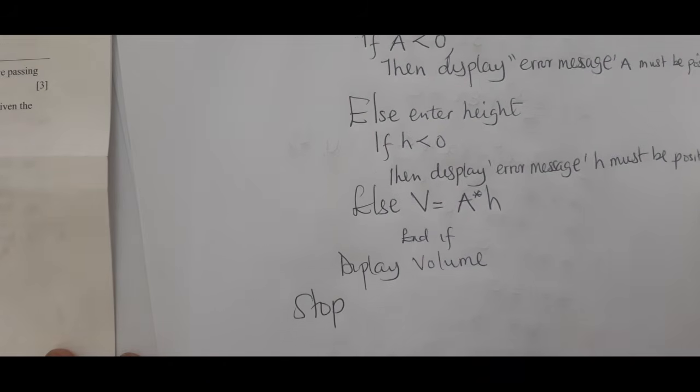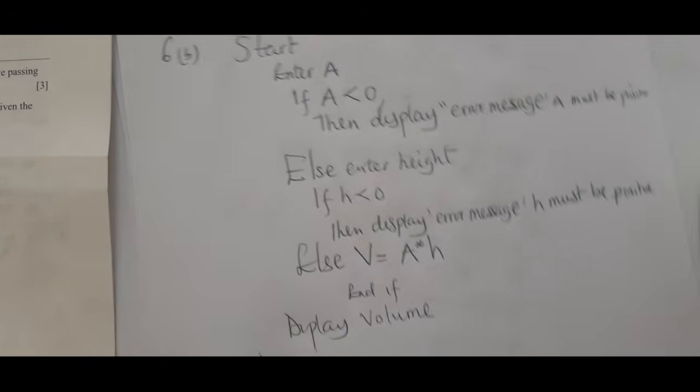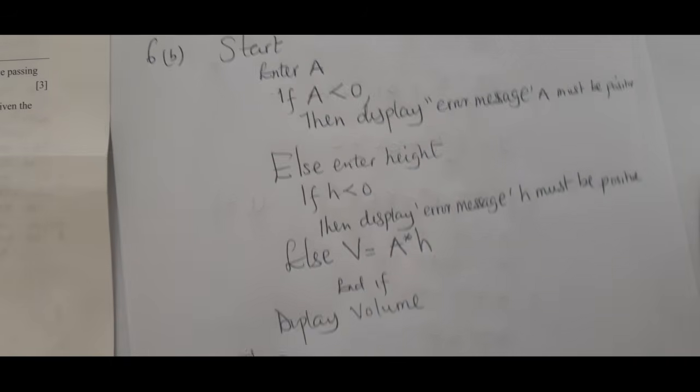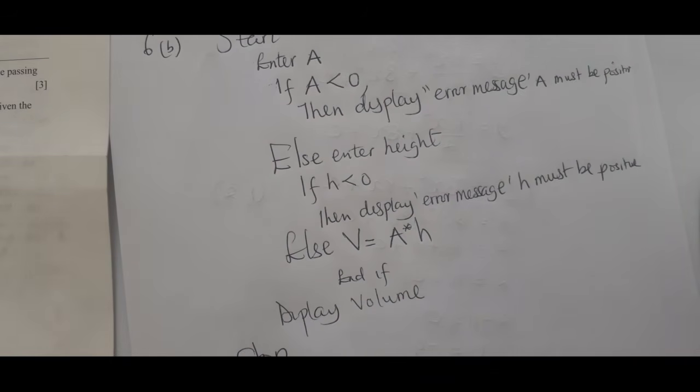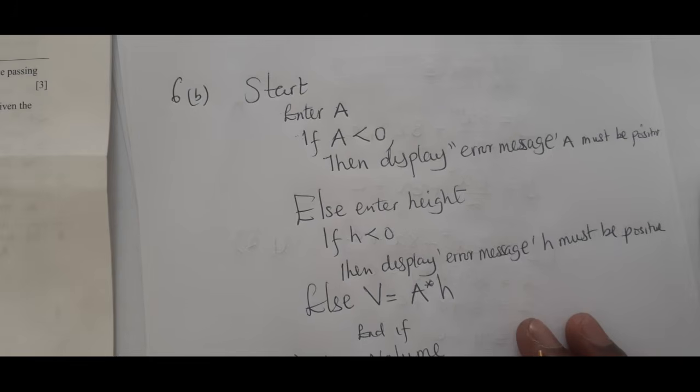Okay, so this is basically what we are supposed to do here. All right, so having done this, we are going to question 7, which is section B, where you are supposed to answer 4 questions. But in this case, since we are revising, we'll do everything. Okay?